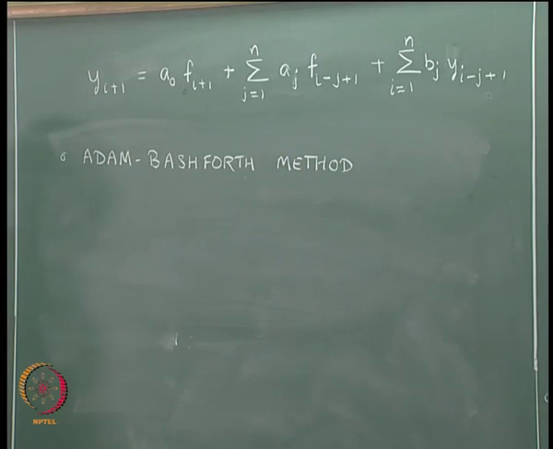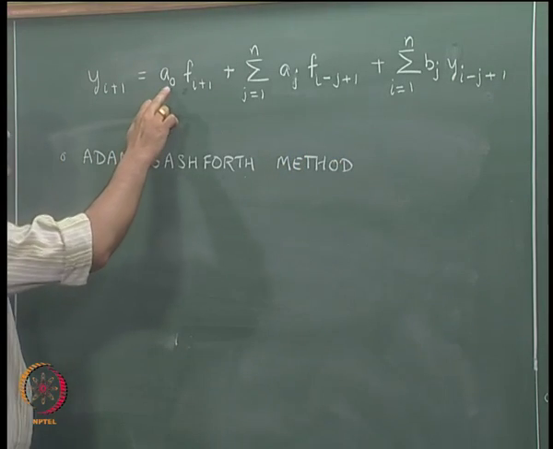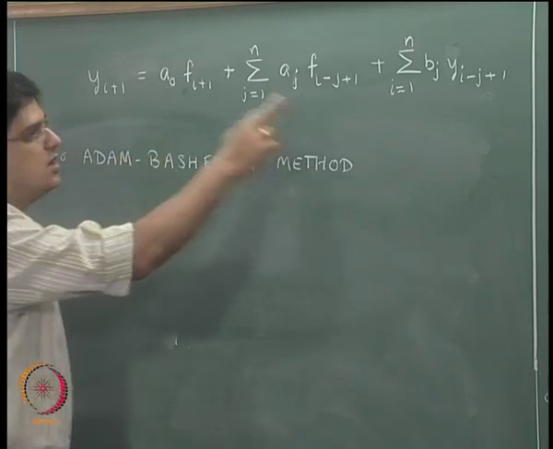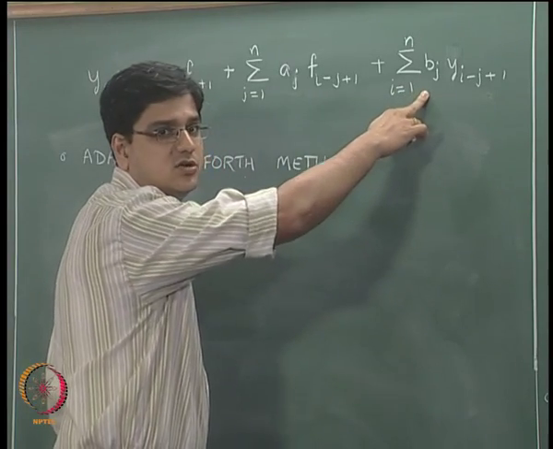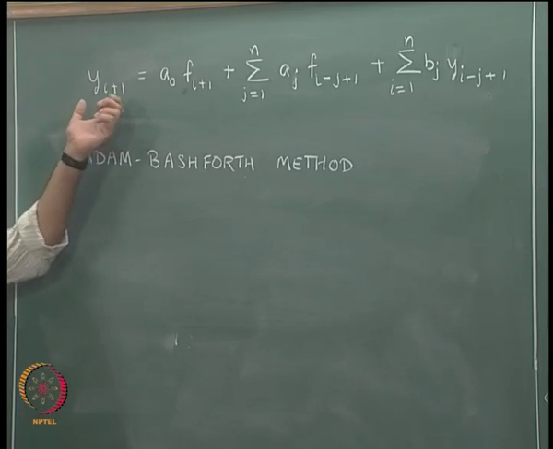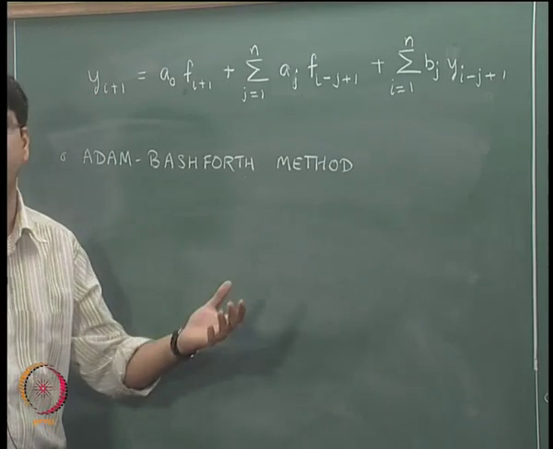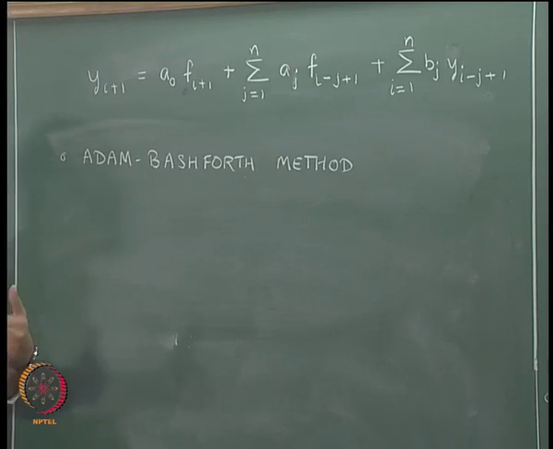In Adams-Bashforth method, what we do is we say that a0 is 0 and all bj's are 0. So, yi plus 1 is going to be computed based on the past f values or past slopes at the points that we have already computed.